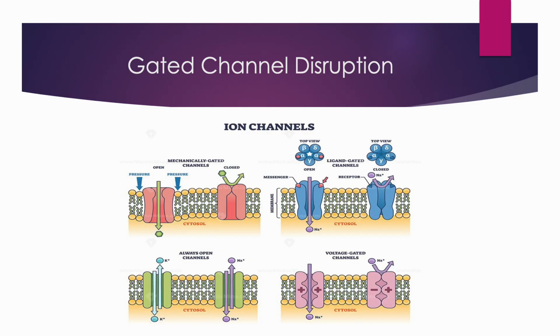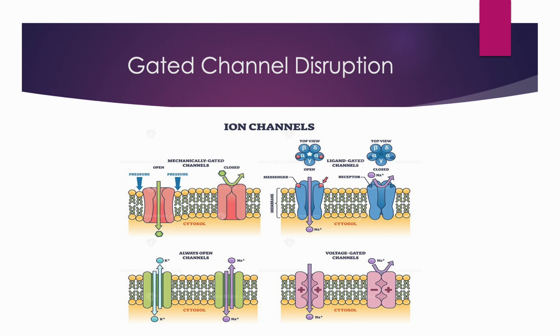If leak channels or pumps fail, the resting potential can't stay stable, and if ligand or mechanically gated channels malfunction, graded potentials may not form at all. If graded potentials don't form at all, there's no chance of action potentials forming. From there, we wouldn't be able to feel touch, things of that nature.